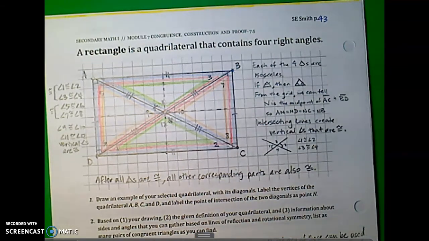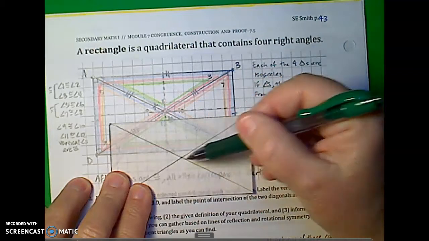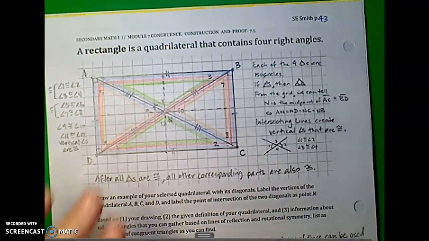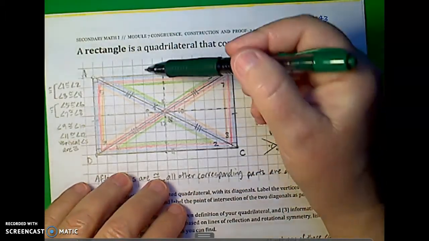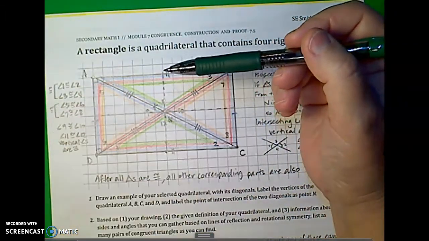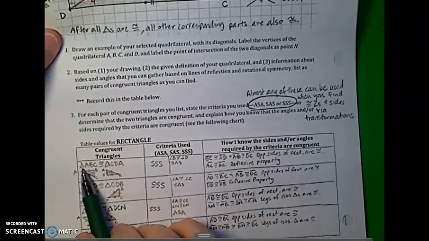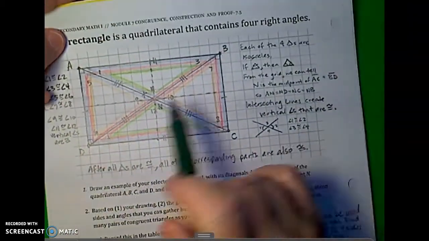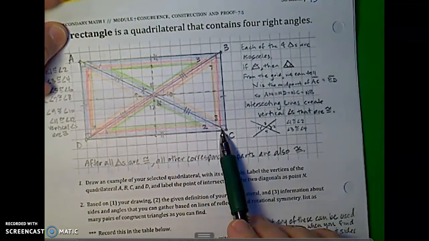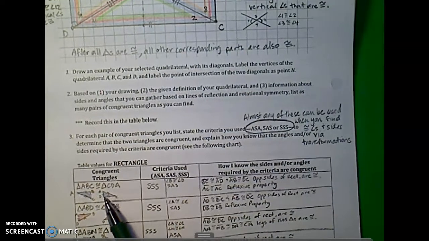And then also you could show that this half lands exactly on top of this half after 180 degree rotational symmetry. So nevertheless, this big triangle is congruent to that triangle. So let's look at the blue. I have triangle ABC. Triangle ABC is congruent to triangle CDA. Remember, the order of your letters is important.